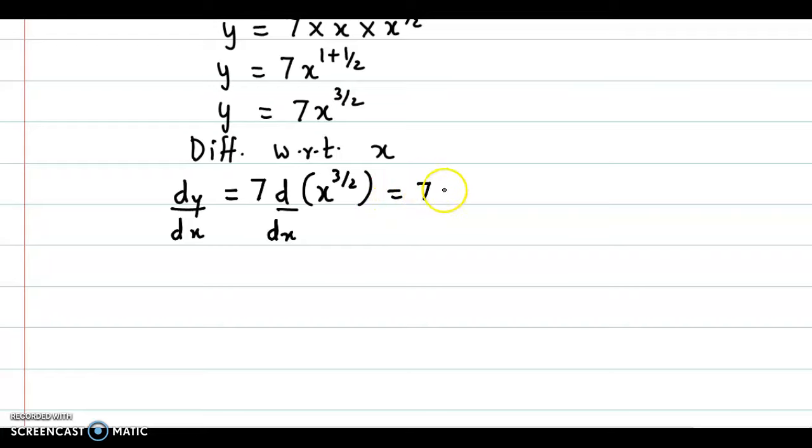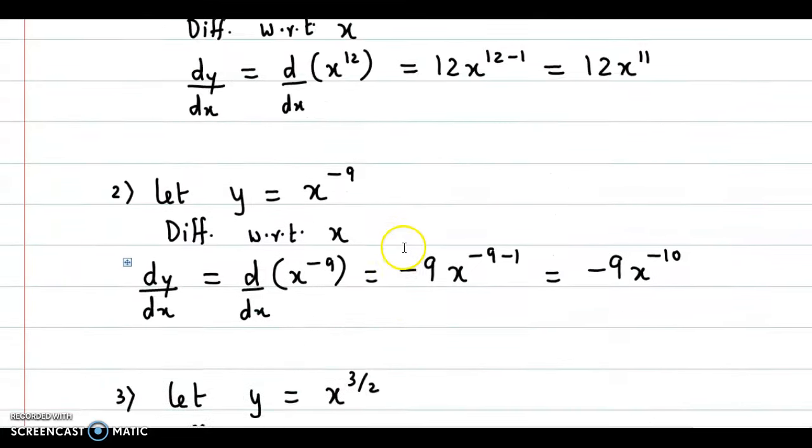Using the formula for x raised to n, here we have 7 into 3 by 2 into x raised to 3 by 2 minus 1. Now 7 threes are 21, so that's 21 by 2 into x raised to, 3 minus 2 over 2, that's 1 by 2.